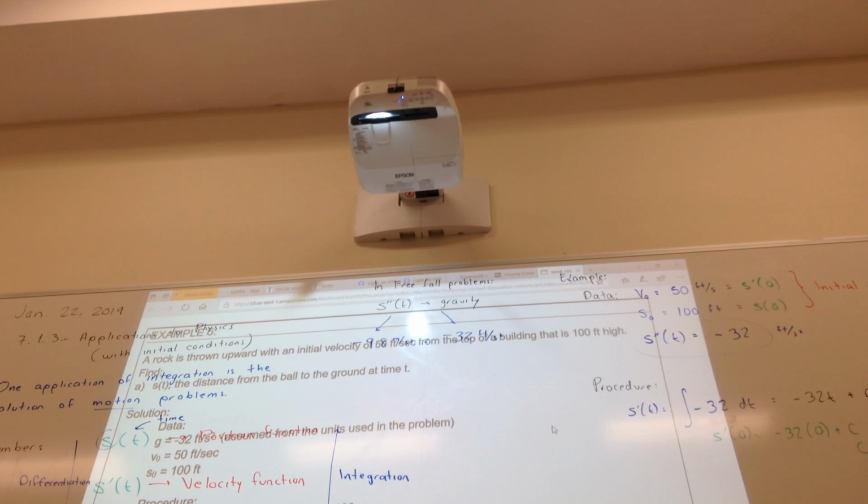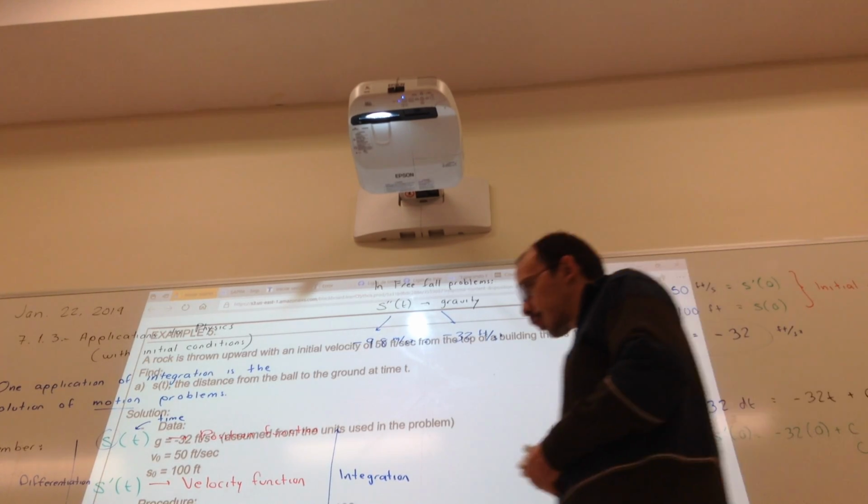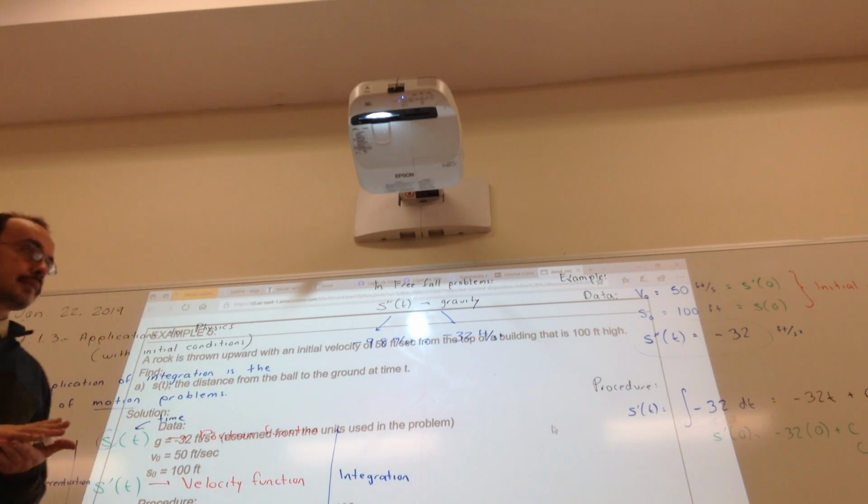So c is equal to 50, and my velocity function is minus 32t plus 50. That's my velocity function. Do you agree? Questions so far?